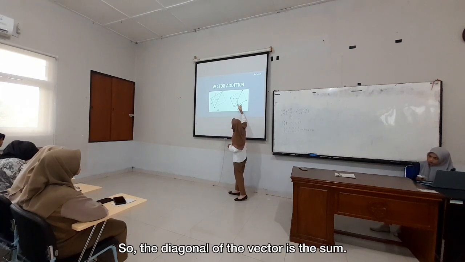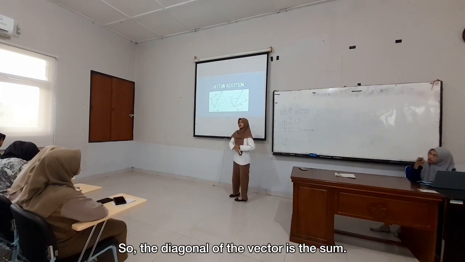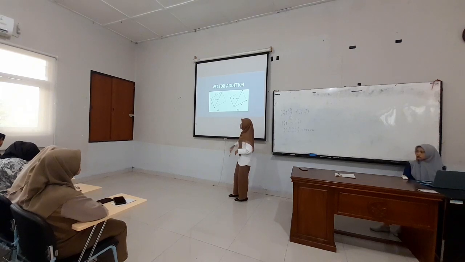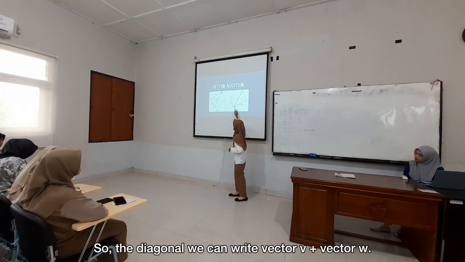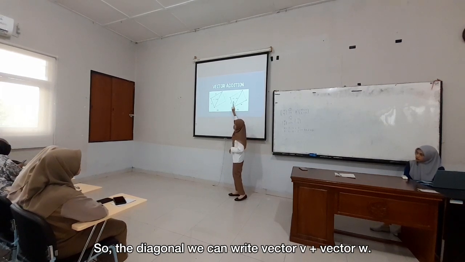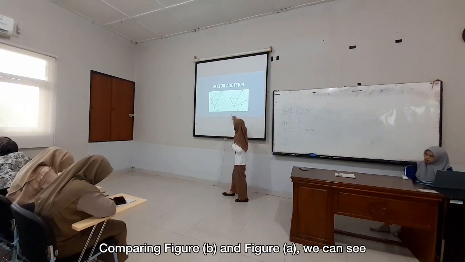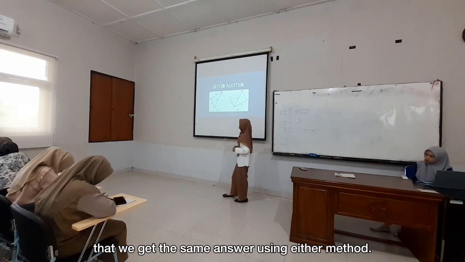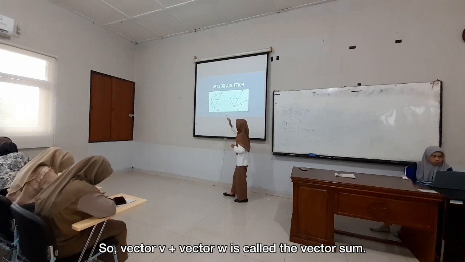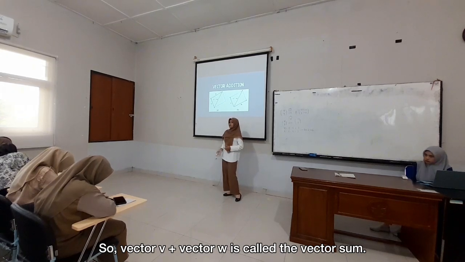So the diagonal of the parallelogram is the sum. So the diagonal, we can write vector P plus vector W. Comparing figure B and figure A, we can see that we get the same answer using either method. So vector P plus vector W is called the vector sum.